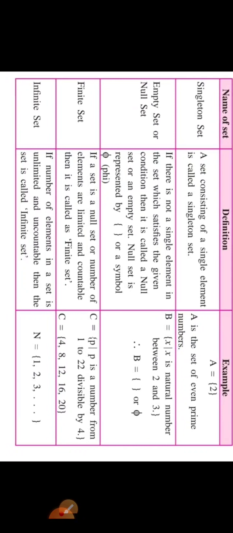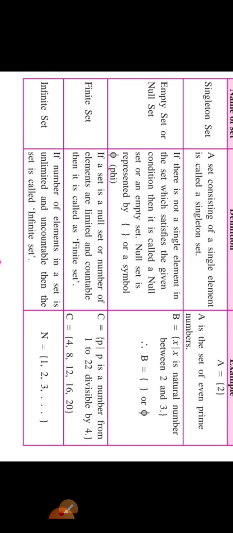Next set we have learned is the empty set, or you can say a null set. What is it? If there is not a single element in the set which satisfies the given condition, then it is called a null set or an empty set. Null set is represented by empty curly brackets or the symbol phi.